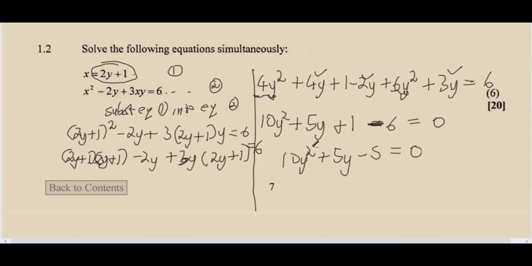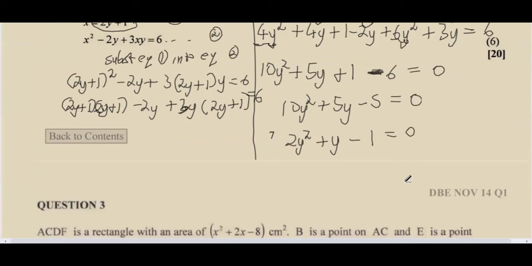Now looking at all these numbers, we can see that they're divisible by 5. So we can divide everything throughout here by 5. That means we're going to have 2y squared plus y, and then minus 1 is equals to 0. Now, if we are to factorize this, that means we're going to have 2y minus 1, and then also y plus 1, right?